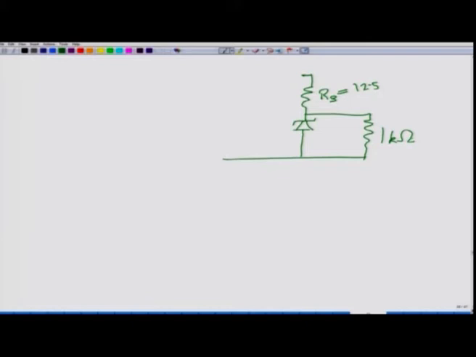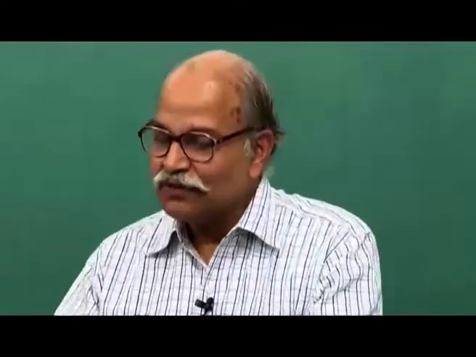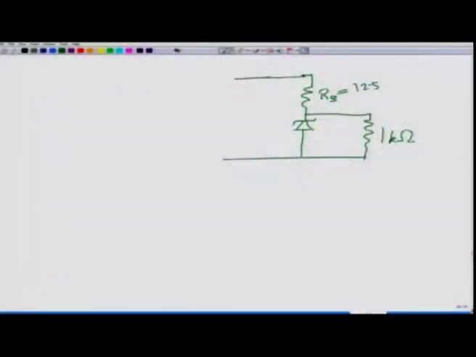Normally these things are done for electronic circuits where the currents are on the order of milliamperes, few tens of milliamperes maximum, and therefore, the resistances are often in this range, kilo ohm or so. So, let us say 1 kilo ohm, and let us say here it is 10 volts. From this side it is coming at this moment, let us say 10 volt, and this is of course 5 volt.